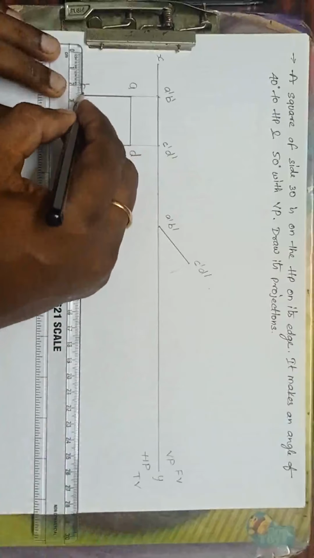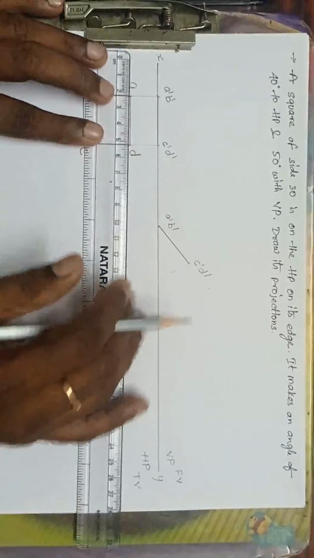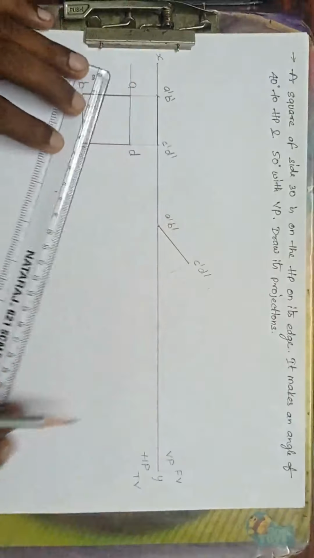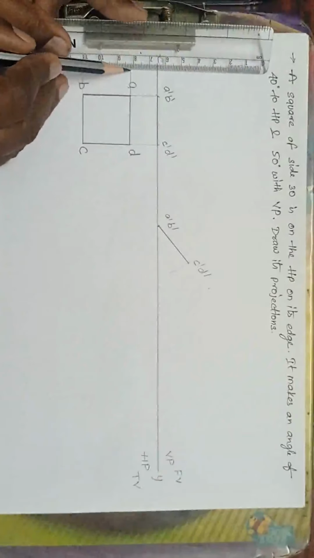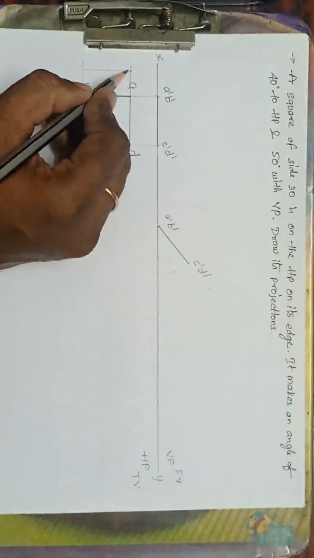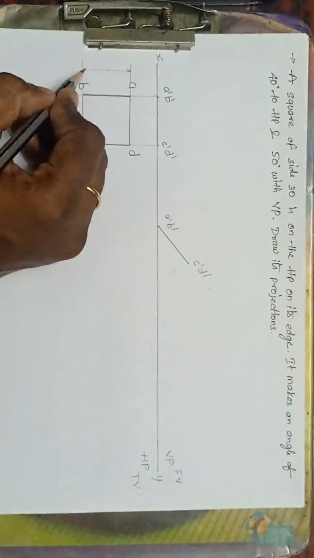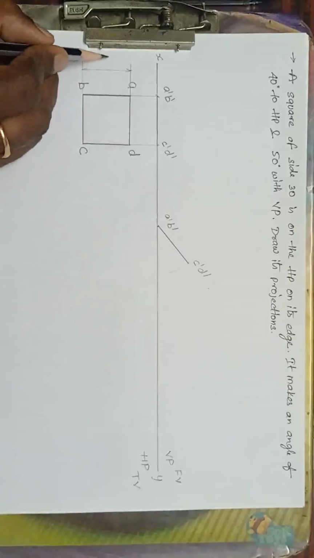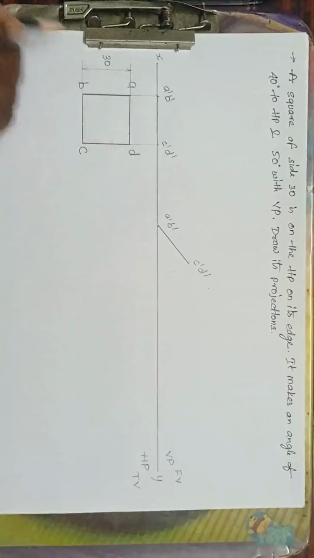See here, this is A, this is B. The length should be very light. Now the side, how much? This is 30 mm.